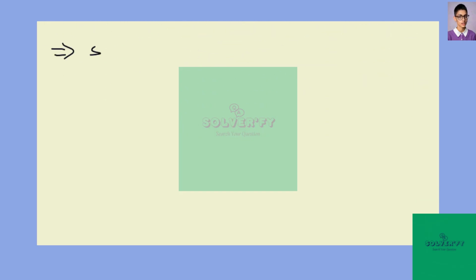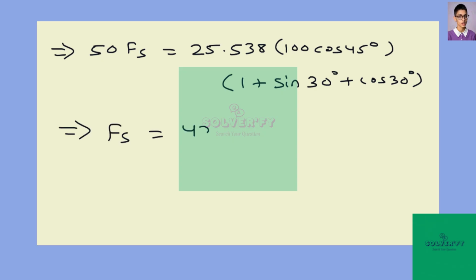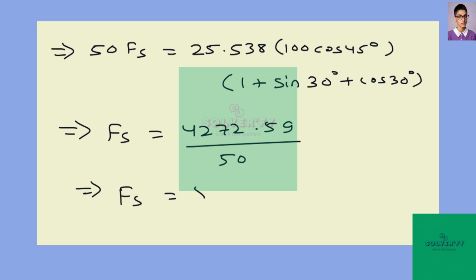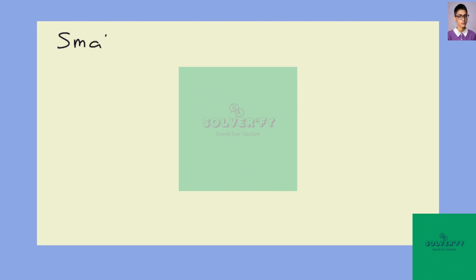On solving, we can write 50 Fs is equal to 25.538 into 100 cos 45 into (1 plus sin 30 plus cos 30). On solving, we can write Fs is equal to 4272.59 by 50. So Fs is 85.45 Newton.